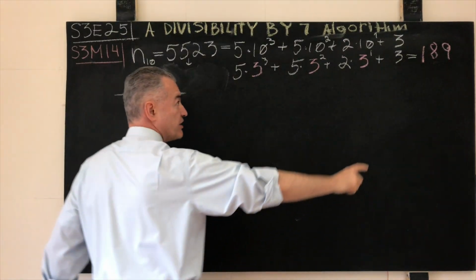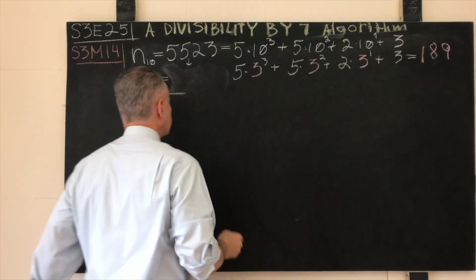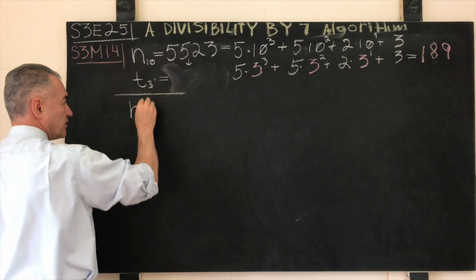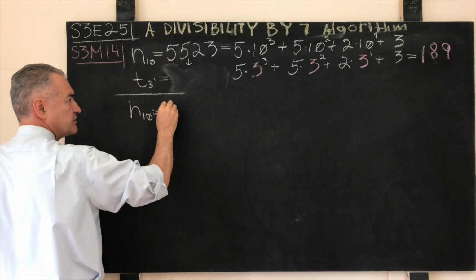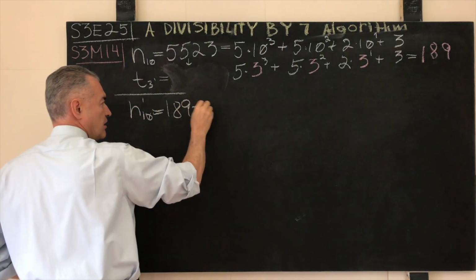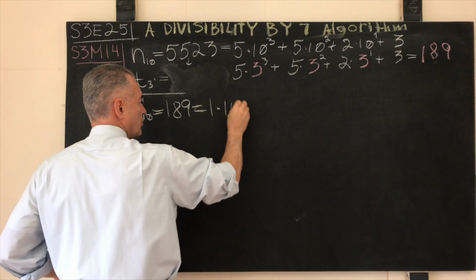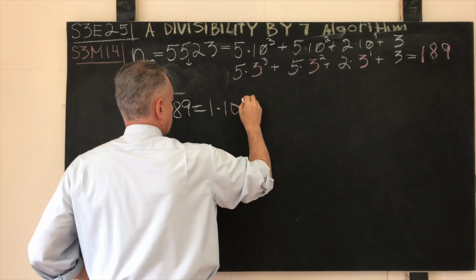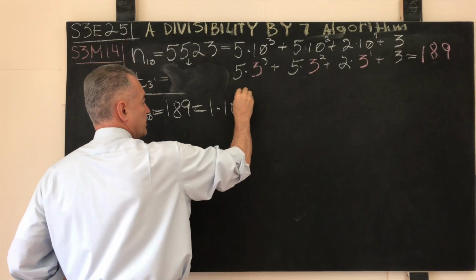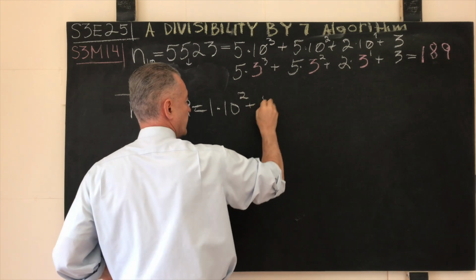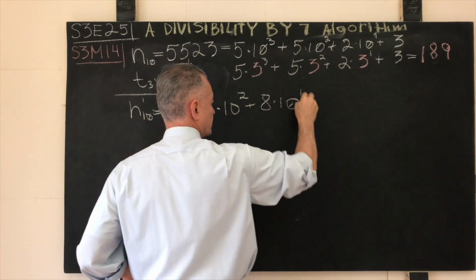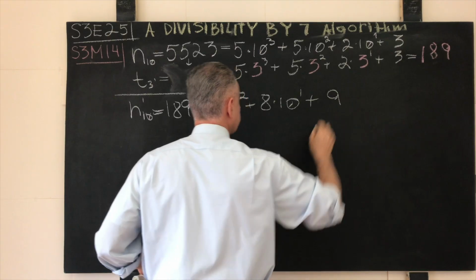We now promote this number to be represented in base 10. So we have n prime 10 is equal to 189, which is representable as what? 1 times 10 raised to the second power plus 8 times 10 raised to the first power plus 9.